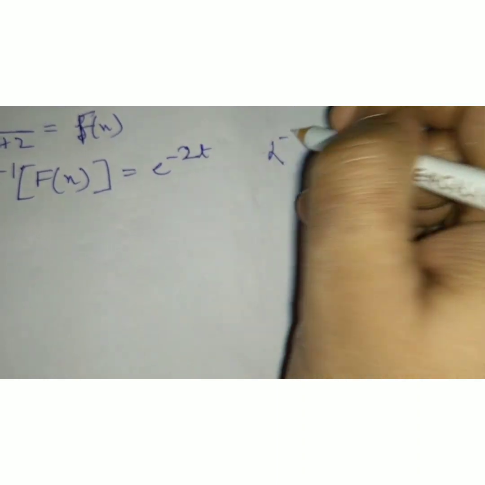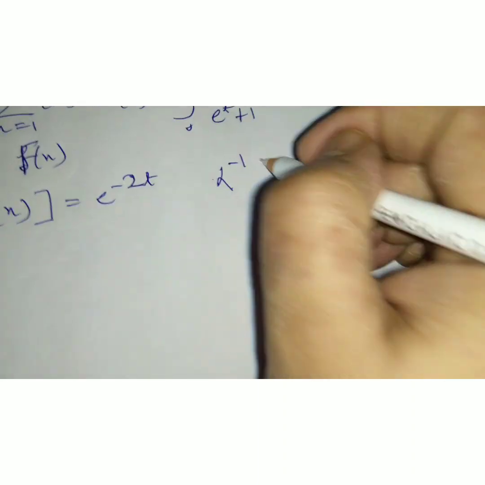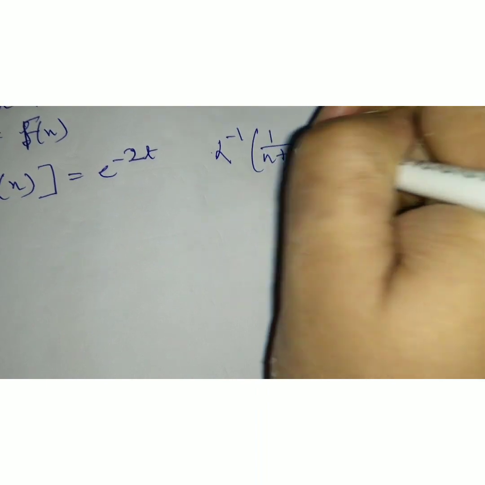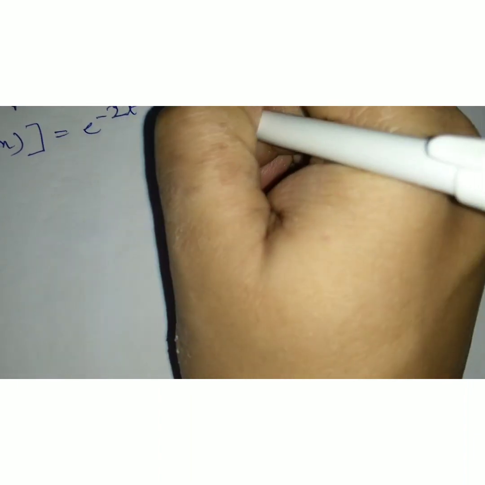L inverse of 1 by n plus half is equal to e to the power minus half t. I use this formula. Number 3, L inverse of 1 by n plus 3 by 2 is equal to e to the power minus 3 by 2 t.